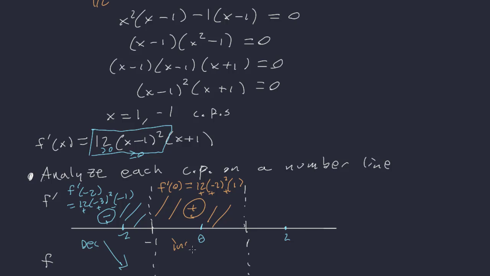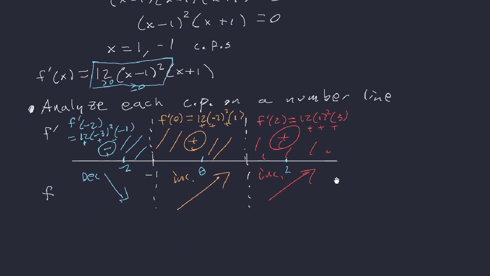That tells us that the function's increasing in this region. Then finally, in this third region I'm going to put in 2, so f prime of 2 will be 12 times 1 squared times 3, that's positive, positive, positive. The derivative's positive in this region as well, so f is increasing in this region too.